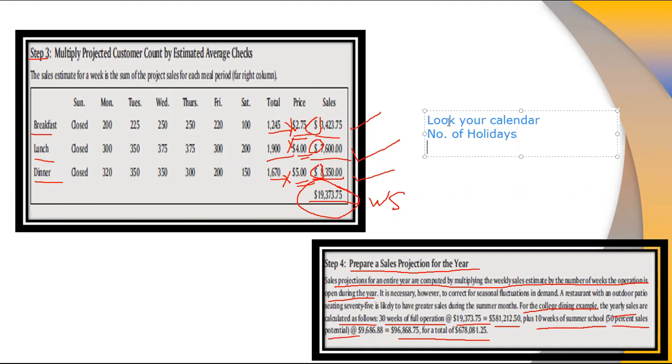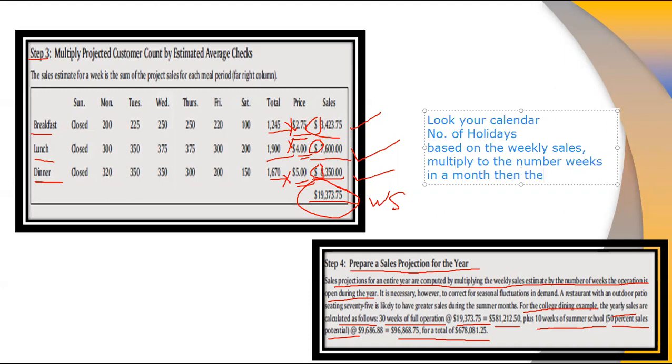Then, based on the weekly sales, multiply by the number of weeks in a month, and then the total will be multiplied by the number of months in a year.